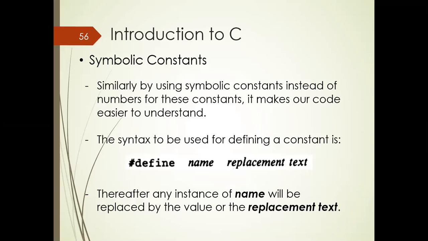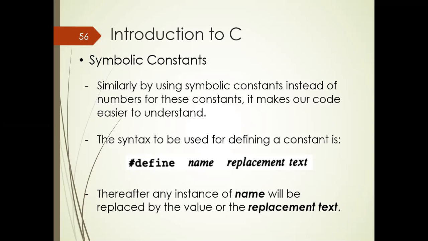The syntax to define a symbolic constant is as follows: you use the hash define keyword, then the name of your symbolic constant, and then what you actually want to replace it by. So basically when you are creating a symbolic constant, you're just replacing a text or a figure using a given name, which is going to be constant.